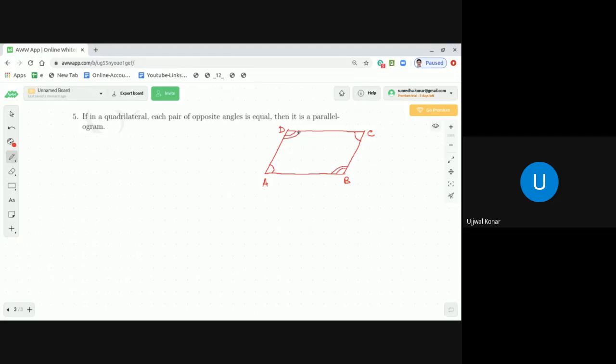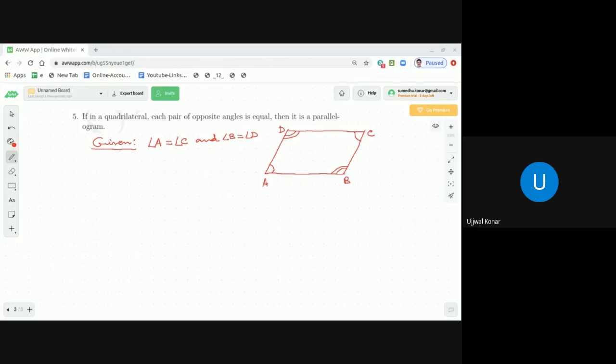Correct, dear students? So according to the question, ABCD is a quadrilateral in which, given, angle A is equal to angle C and angle B is equal to angle D. These are the two pieces of information given to us. Now, what do we need to prove?